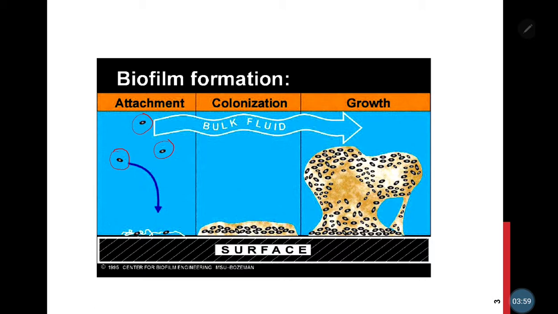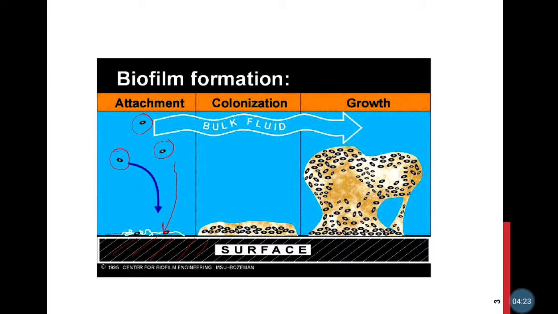Okay, this is the surface. So the microorganisms from the surrounding will attach on top of the surface, and it will form a slime formation.